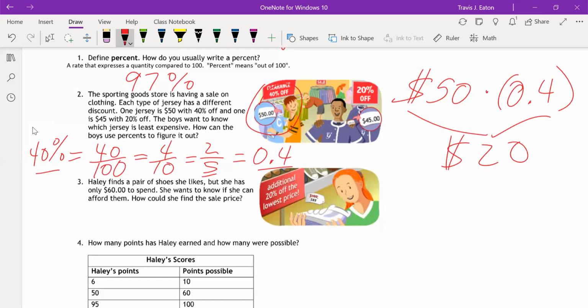Now, remember, that's $20 off. So if we take that $20 off, that's 50 minus 20, and that would give us 30.